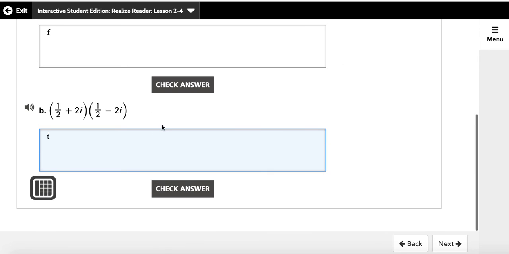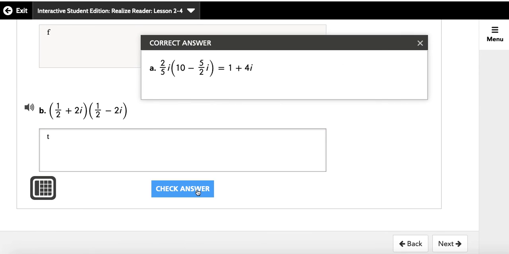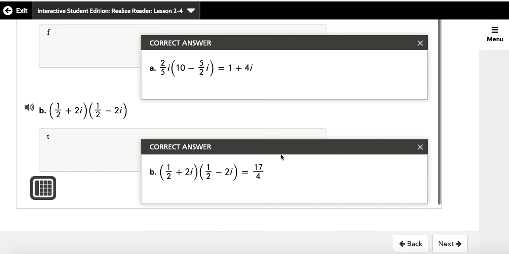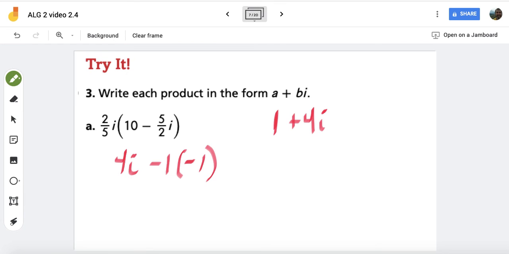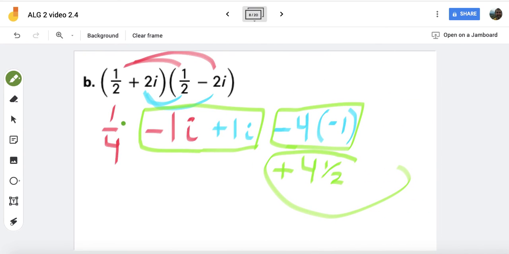Oh, I said 4.5, I meant 4.25, right? That is the same as 4.25. Did I write 4.5? I did. It was a quarter. Did anybody catch that I did that?